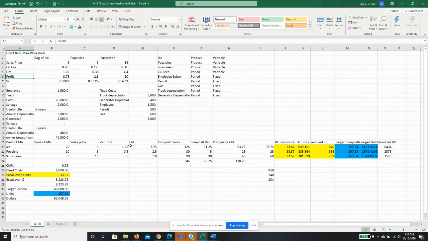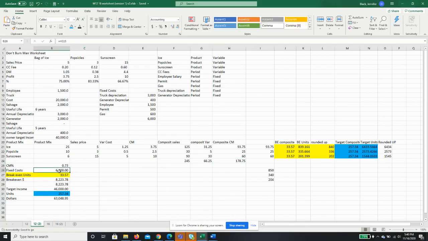Okay, then I took that information and I added up my fixed costs here, and I got a total of 6,000. So then I took my product mix and I multiplied by my sales cost and my variable cost to get my composite sales, my composite variable cost, and my composite contribution margin of 178.75.